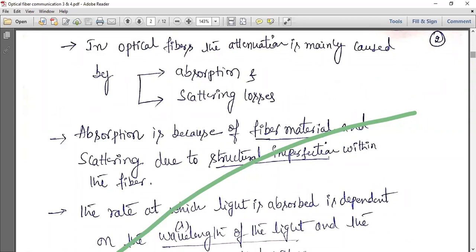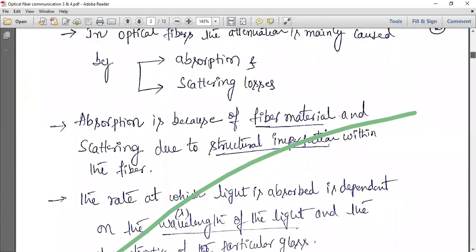So the absorption of light within your fiber leads to attenuation. Absorption is not an external thing. Absorption is due to the internal material itself. The material you used for manufacturing, if it leads to the absorption of signal, then it is called absorption. So the absorption is within the core and cladding.